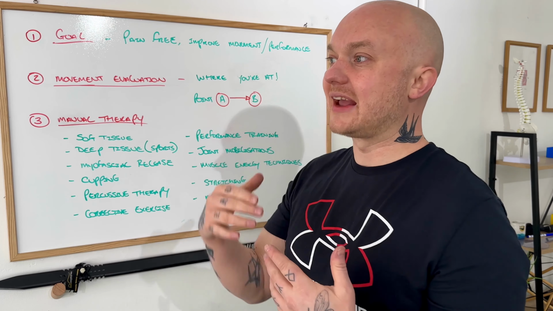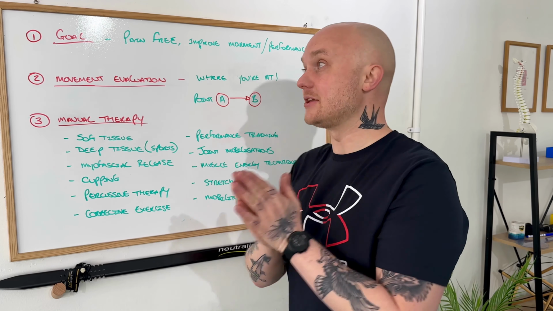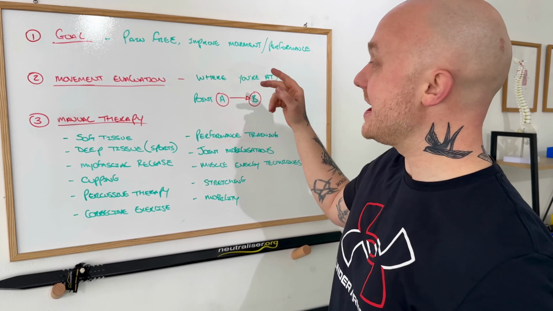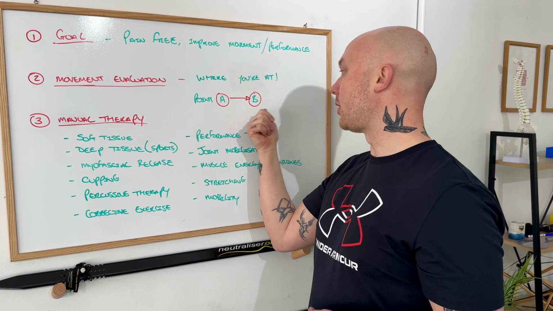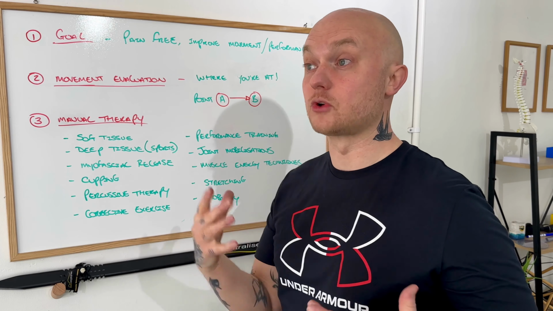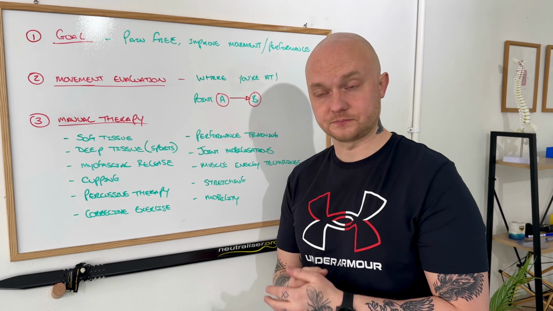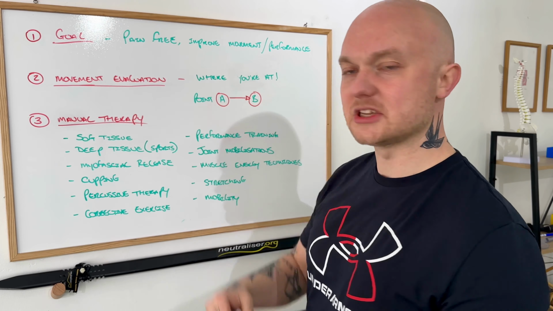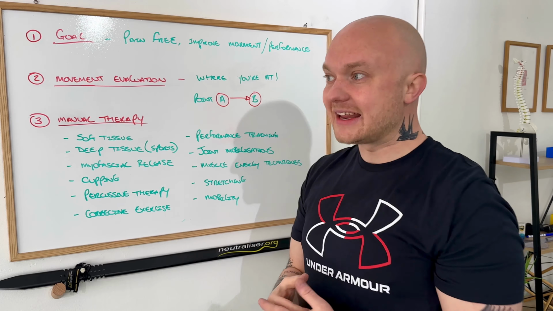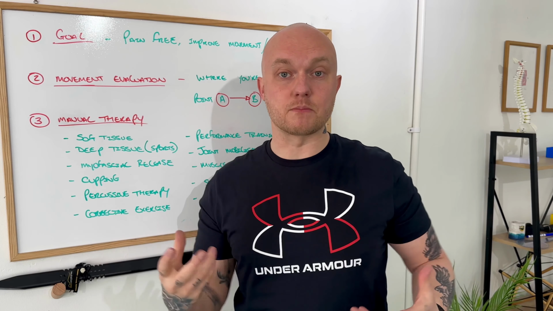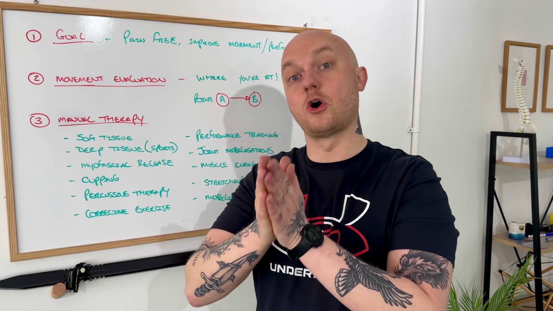It's about finding out where you are to get you to where you want to be. So point A is where we are, point B is the goal that we've got in mind that we want to achieve.